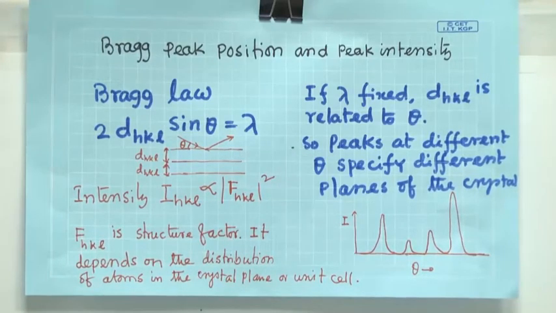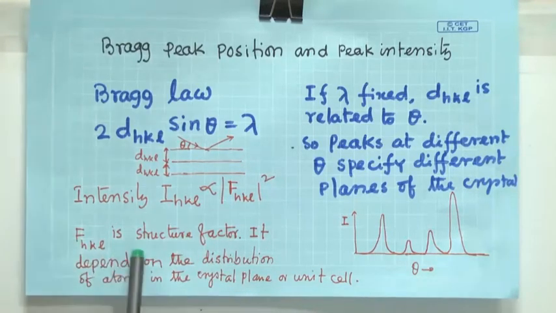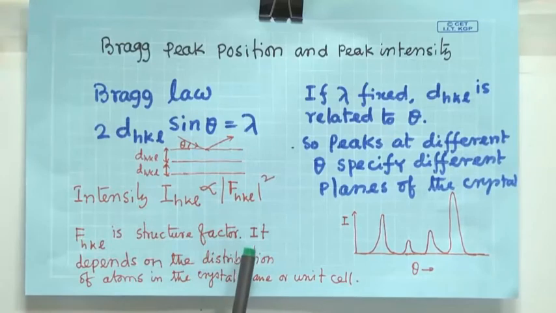What is F_hkl? This is called the structure factor. F_hkl is the structure factor. It depends on the distribution of atoms in the crystal plane or in its cell, how atoms are arranged on the plane.